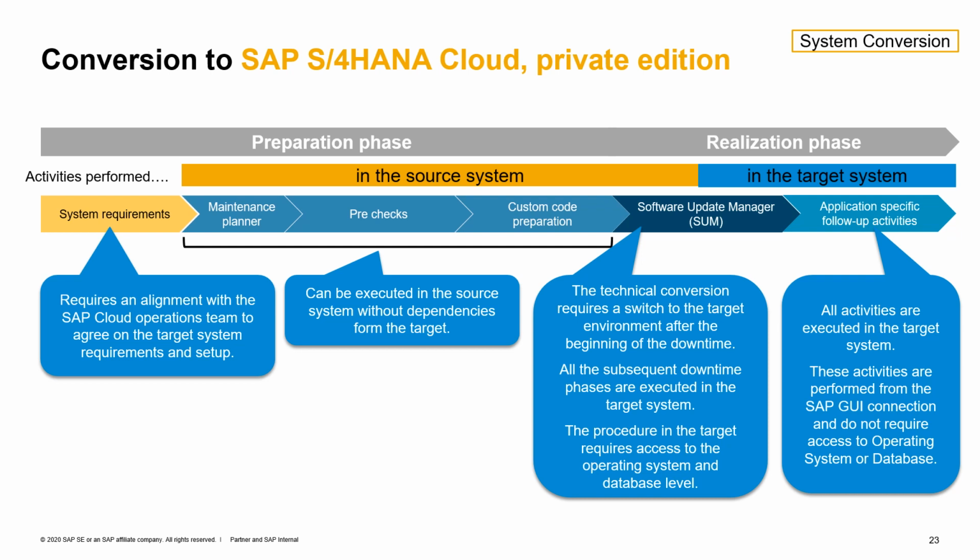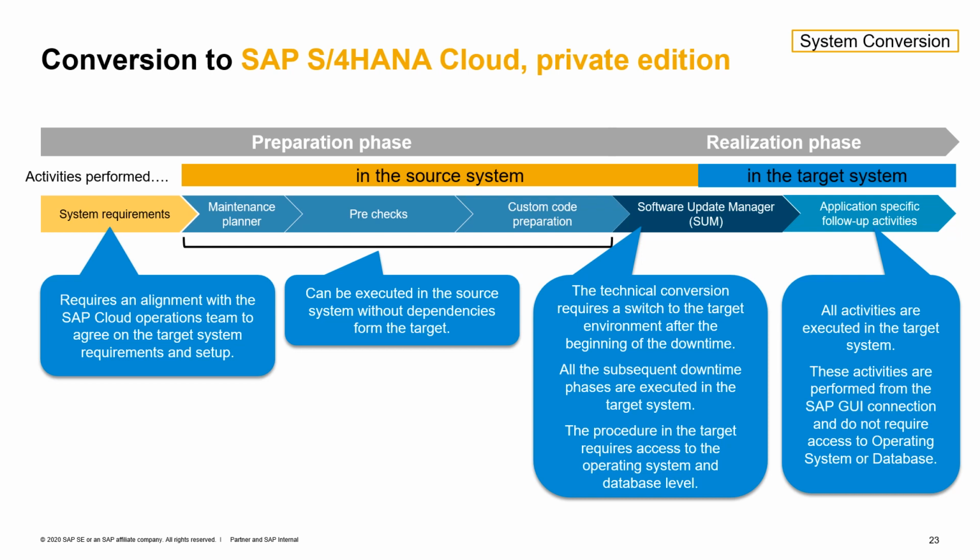Switching now to the realization phase, we have the technical steps of the conversion performed by the Software Update Manager tool. This step is organized with a sequence of uptime and then subsequently downtime activities. Right at the beginning of the downtime part, the execution will require a switch to the target environment in Private Edition, where the Software Update Manager tool will continue to run with the subsequent phases.